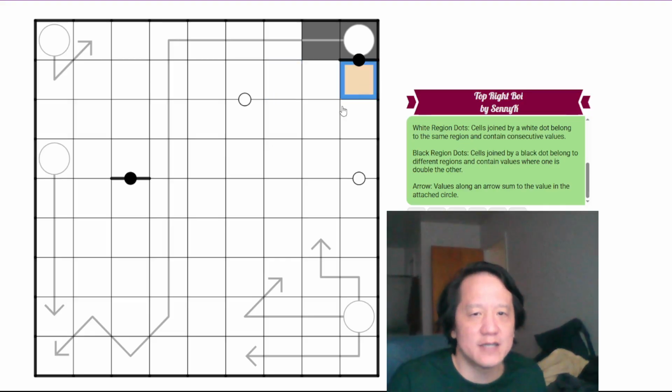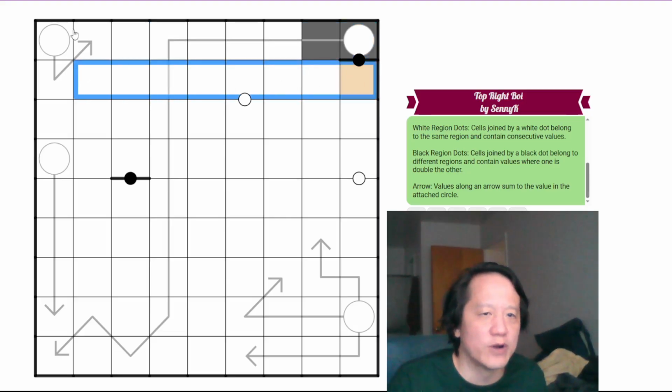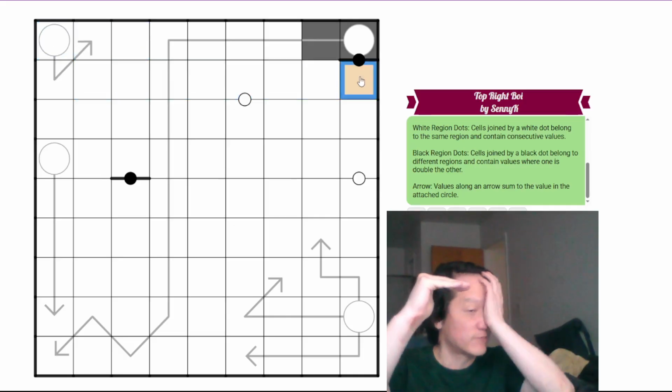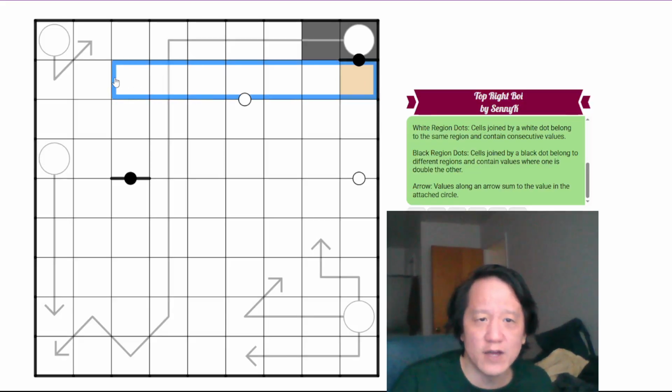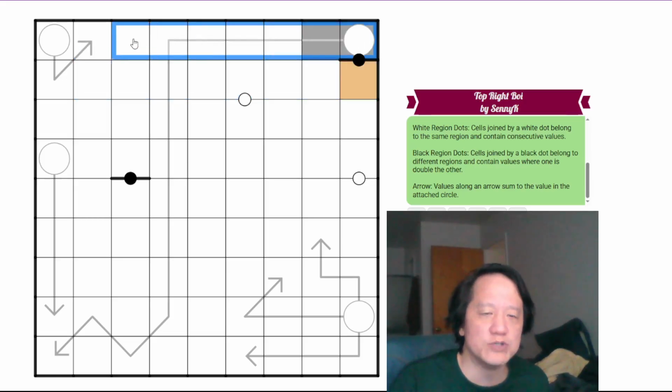Because if it's not a top right boy, how is that going to work? If it's not a top right boy, this has to go somewhere to a higher row, because this is the rightmost of the second row. So it would have to go into the first row somehow. But then that would block this region from being a fully fledged region, right?